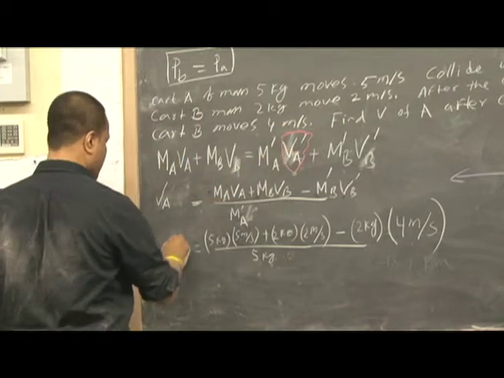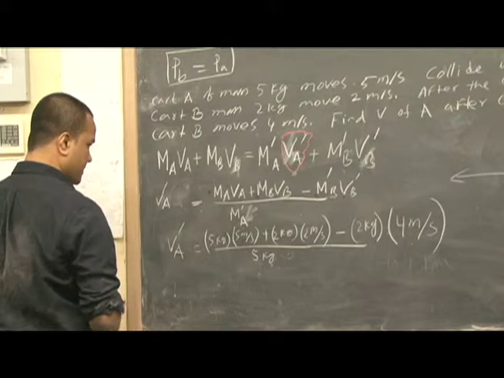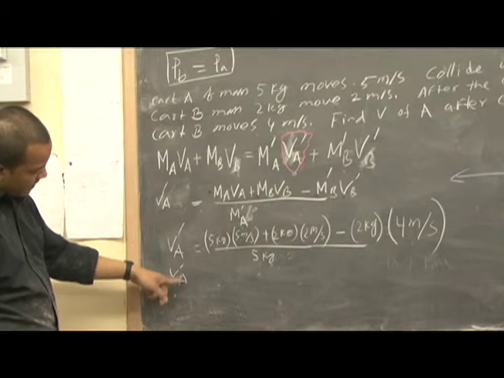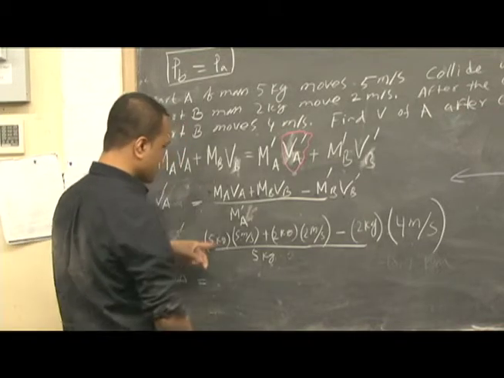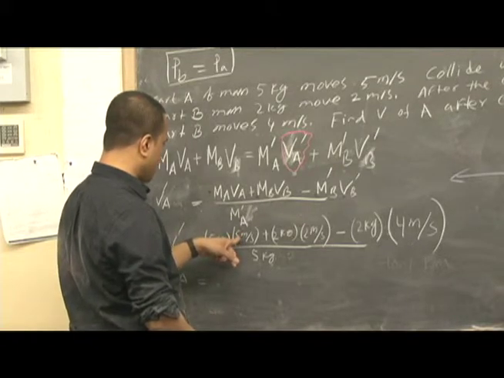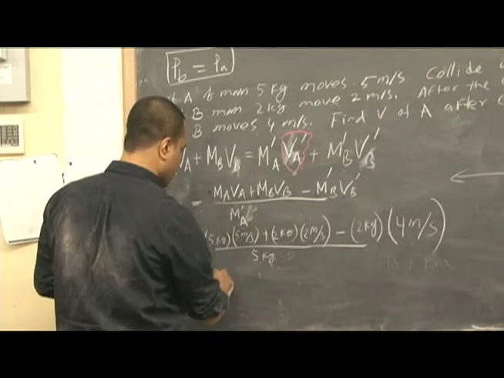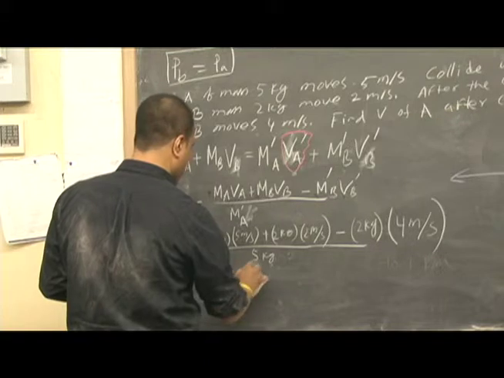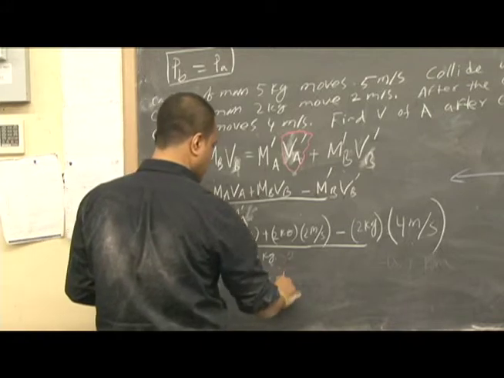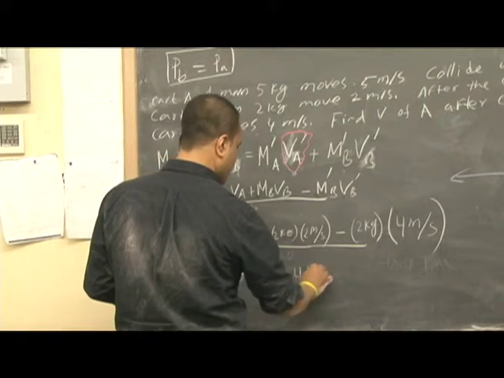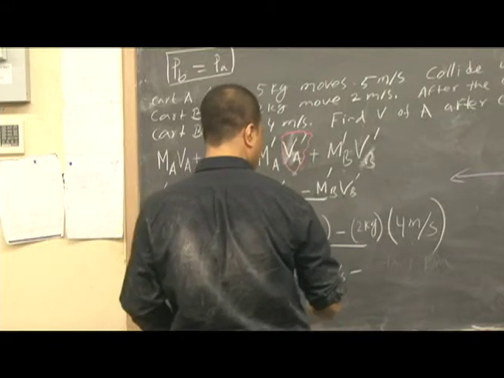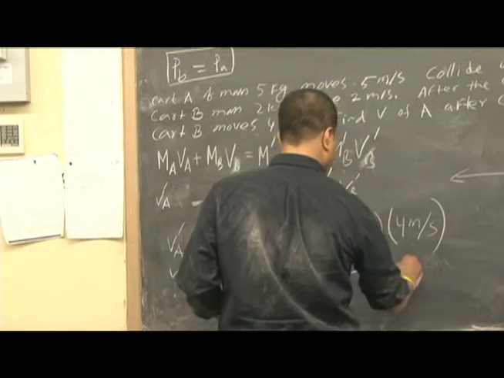Okay, so this is my velocity. All right, so let's see. Now it's simple. So velocity of A after the collision is 25 kg meter per second plus 4 kg meter per second minus 8 kg meter per second.